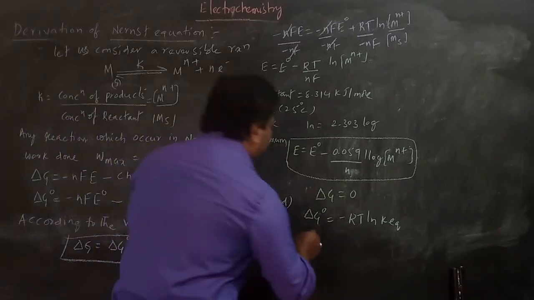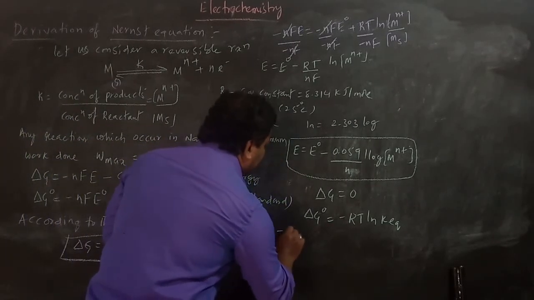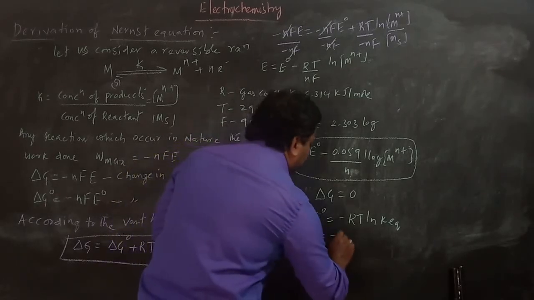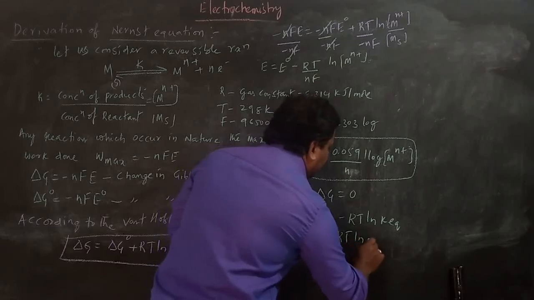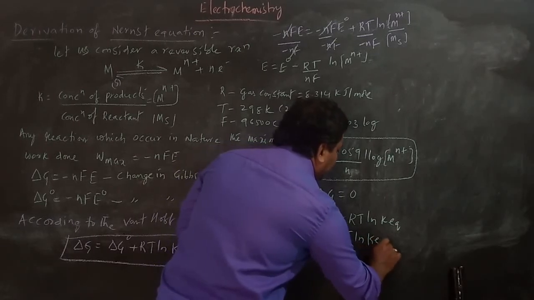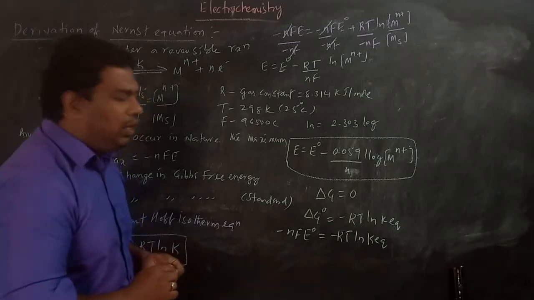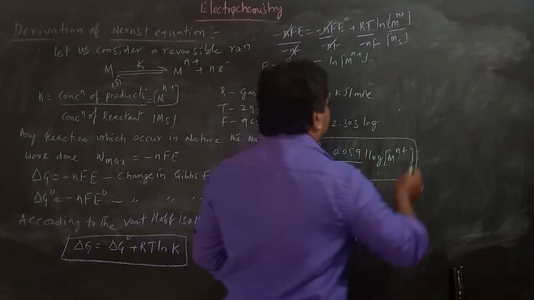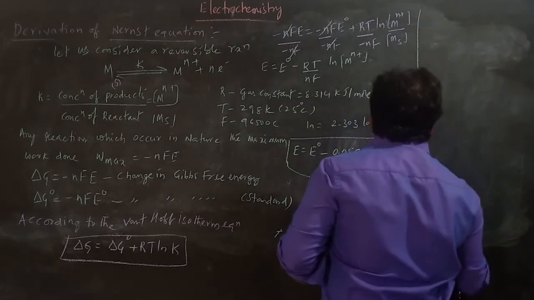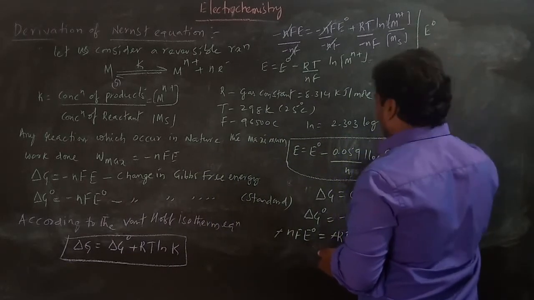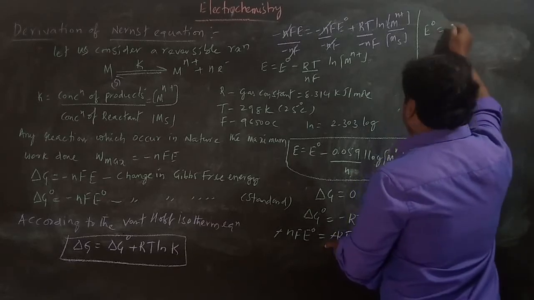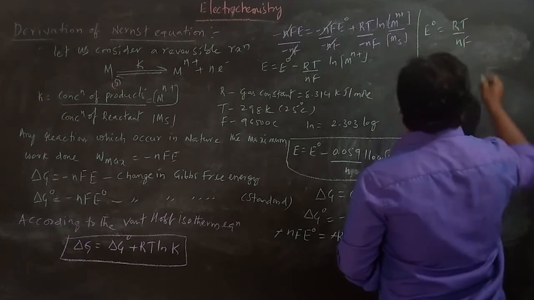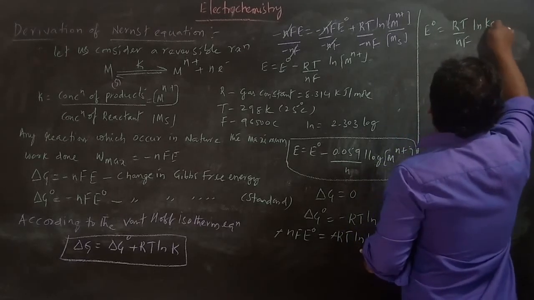That is, minus nFE naught is equal to minus RT ln K equilibrium. The minus signs get cancelled, so in equilibrium condition E naught is equal to RT by nF ln K equilibrium.